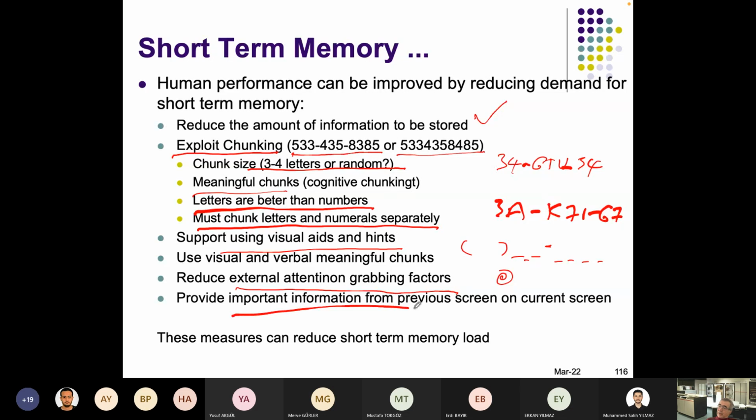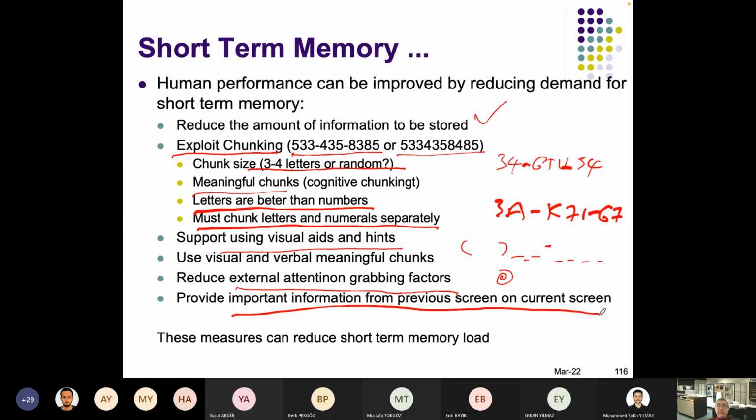Also, most of the information is distributed based on importance, and the most important ones should be repeated in the next screen, such as where you are, what is your ID, what is the target ID, what is the case number, account number.